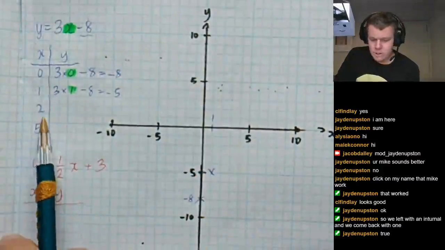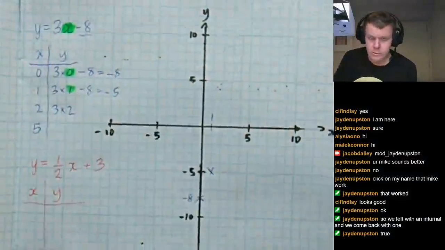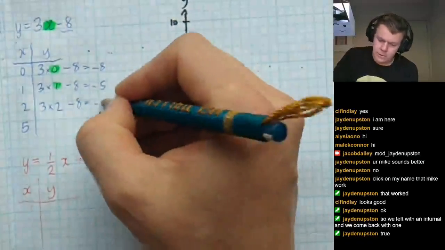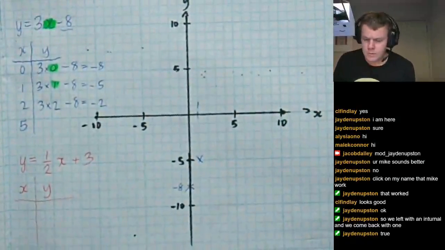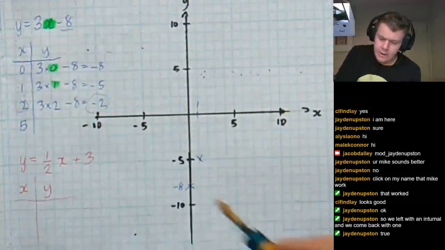For 2, if we go 3 times 2 minus 8, that equals negative 2. So when x equals 2, y equals negative 2.